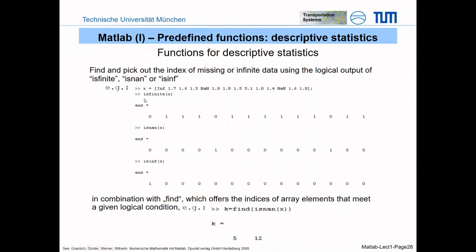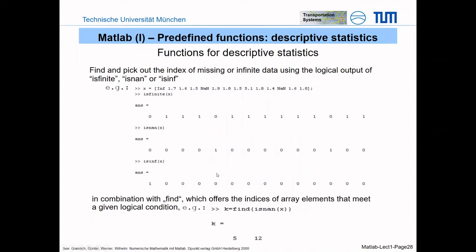You have the functions isfinite, isnan, or isinf. And if you have values available like not a number, then you will get a 1 at the position where this not a number is located. For example, here in this case, we have the 1, 2, 3, 4, 5th position, and if you call isnan, you will get a 1 at the 5th position.